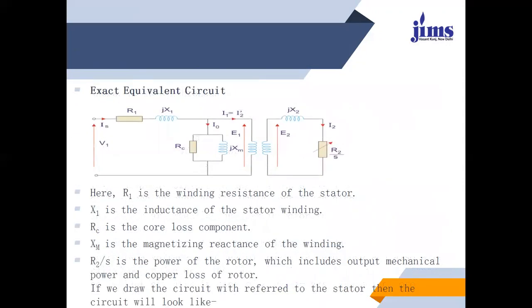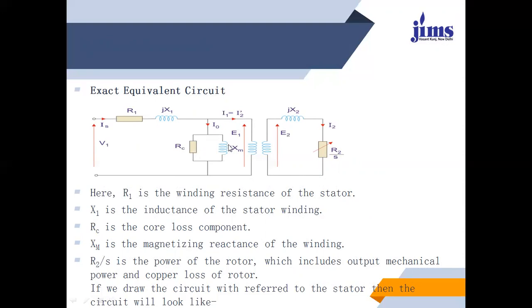The exact equivalent circuit diagram of the induction motor will be like this. Here R1 and X1 stand for the stator winding, and RC and XM indicate the core of the machine at the stator side.